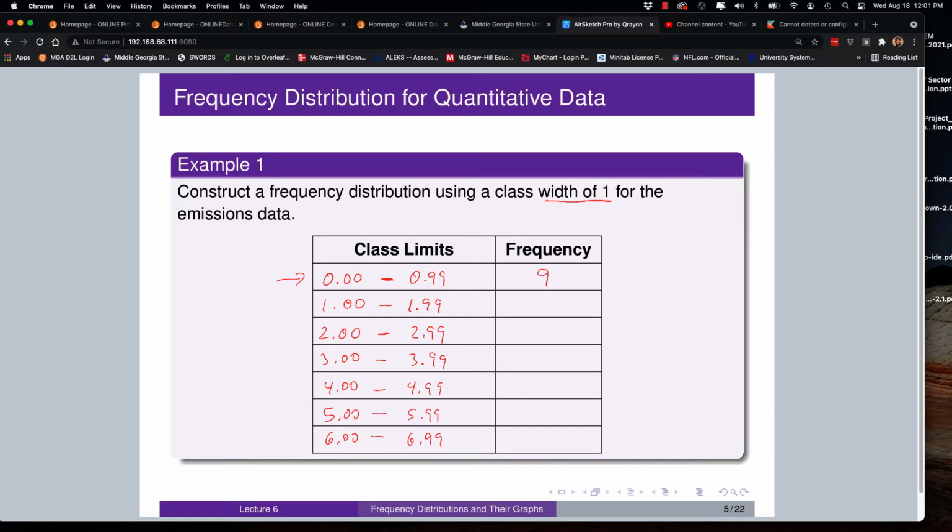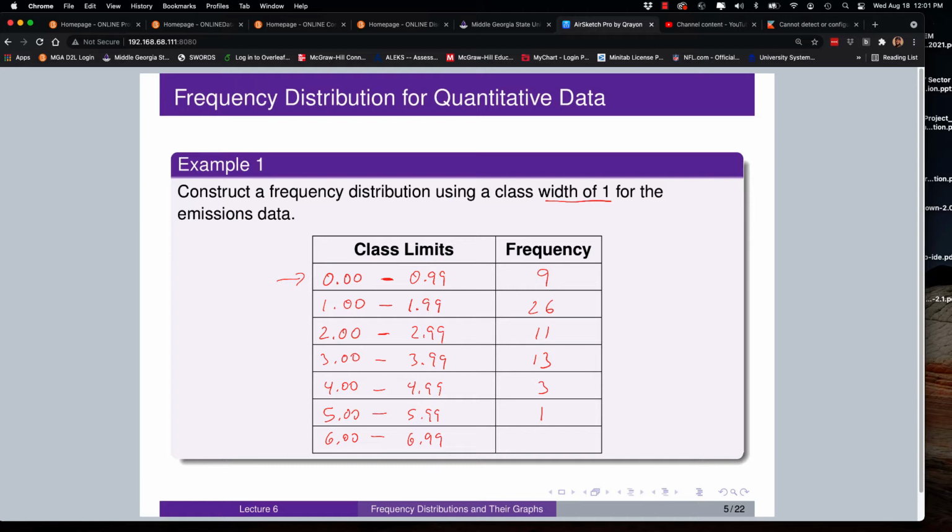And so, just to not bore you with counting the rest of them, we go through and count the ones from 1, all the numbers that are as small as 1 exactly and up to 1.99. And there's going to be 26 of those in the data set. There'll be 11 between 2 and 2.99, 13 here, 3 between 4 and 4.99.